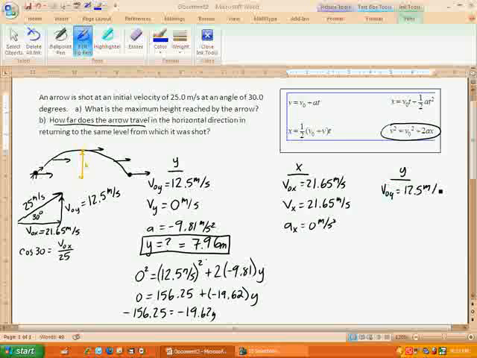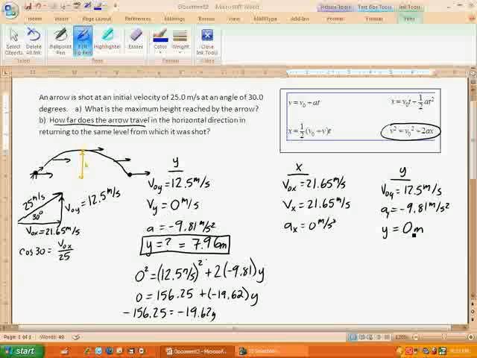I know that the acceleration is negative 9.81 meters per second squared, that's in the y direction, of course. And I know that the vertical displacement from here to where it's at the same level, that would be y, would be 0. Okay? So this information here is at a different point in time than this information. That's why some of the numbers are different.